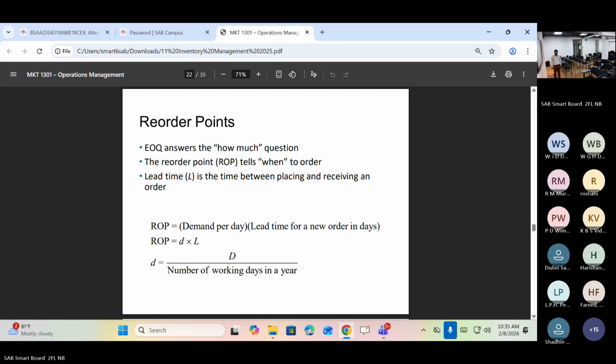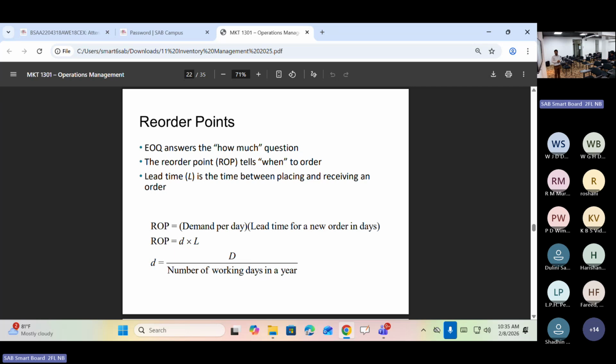L is the time gap between order placement and order receipt. It could be days, could be weeks; you have to use it appropriately. Usually we consider daily demand if it is given in days, weekly demand if it is given in weeks.